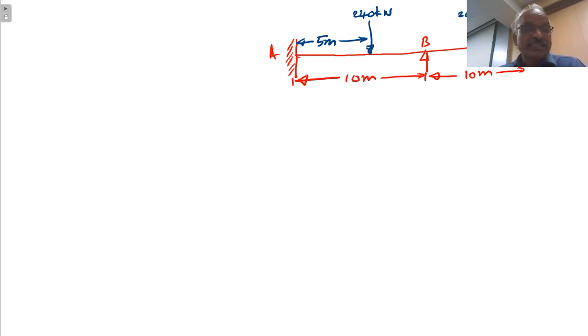Another point, supports B and C settle. So far we have not accounted for settlement of support. Now we are going to account for settlement of support also. It is given as delta, not theta.